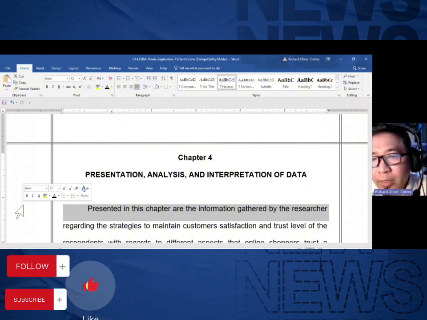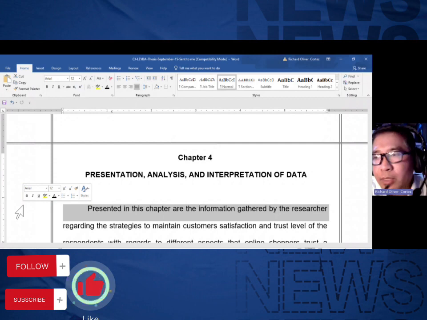And by the way, you can see in my presentation, the title of chapter 4 is Presentation, Analysis, and Interpretation of Data. Generally, the majority of institutional papers have chapter 4 talk about the presentation or tabulation of data, but sometimes it varies.